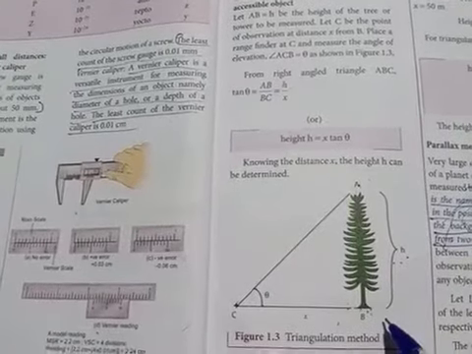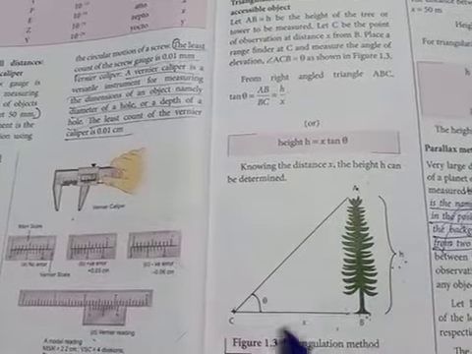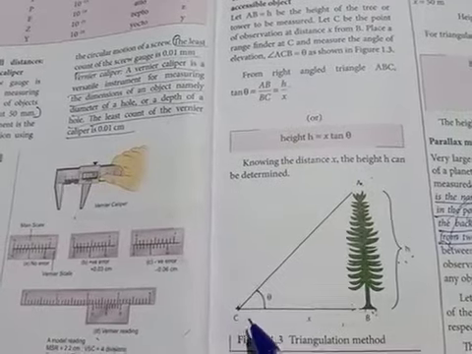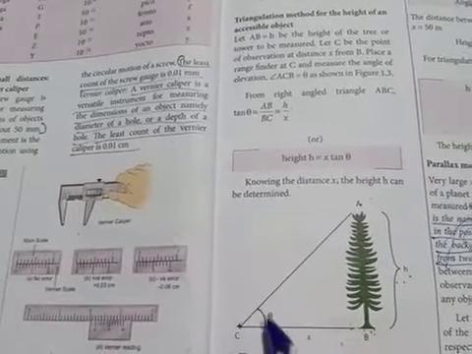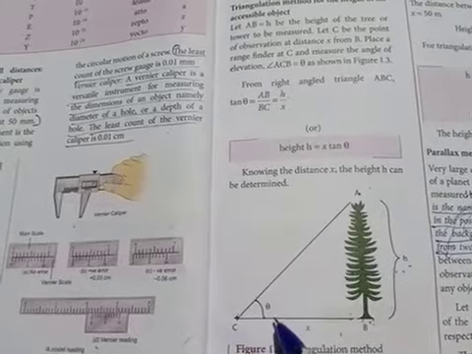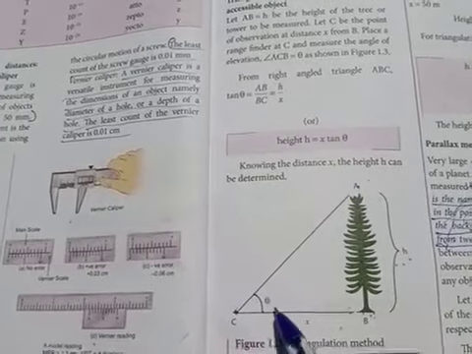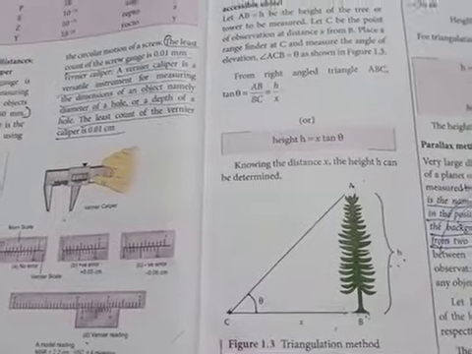We take that height as h, and the point where we are standing as c. We use an instrument, a range finder, to find the angle of elevation theta, whether it is 50 degree, 60 degree or 30 degree, anything.